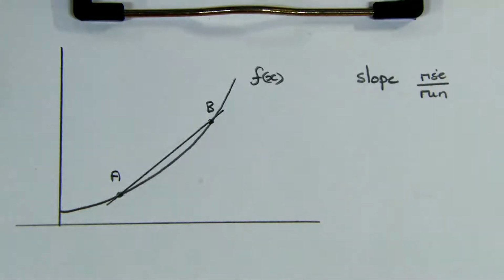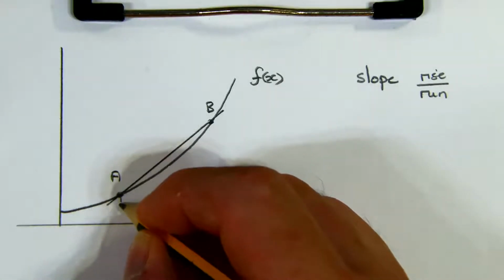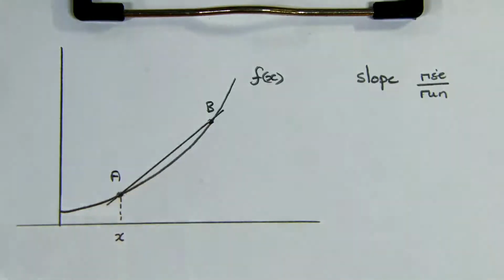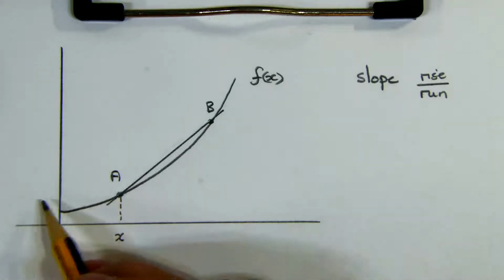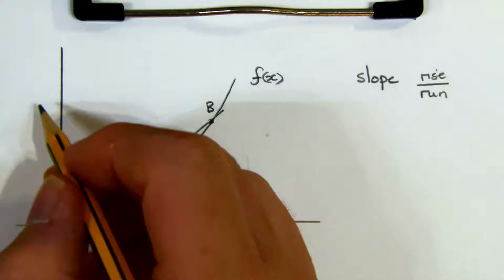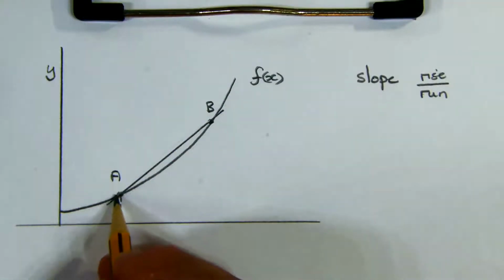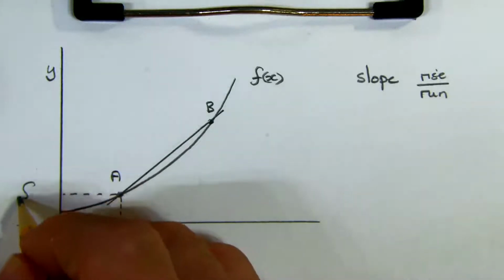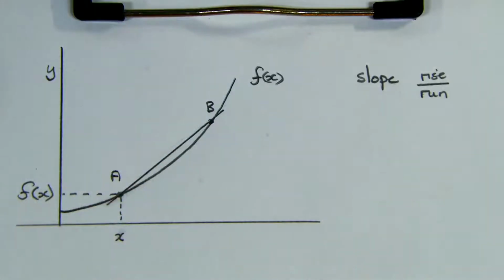So let's take this point A here, and we're going to give it a position, and we're going to say it's going to have an x coordinate. And the y value here is basically going to be some function of x. So we've got this coordinate.